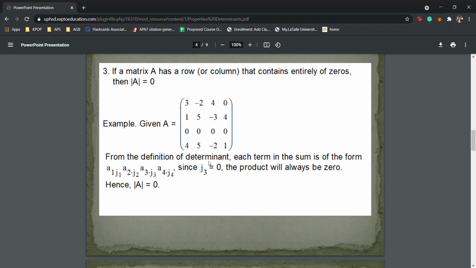Since it is multiplied to other elements of the matrix from the first, second, and fourth row, then the product will be 0. So all the addends or all the products will be 0, hence they will add up to still 0. So whenever there is a row that contains entirely of zeros or any column that contains entirely of zeros, the determinant is equal to 0.